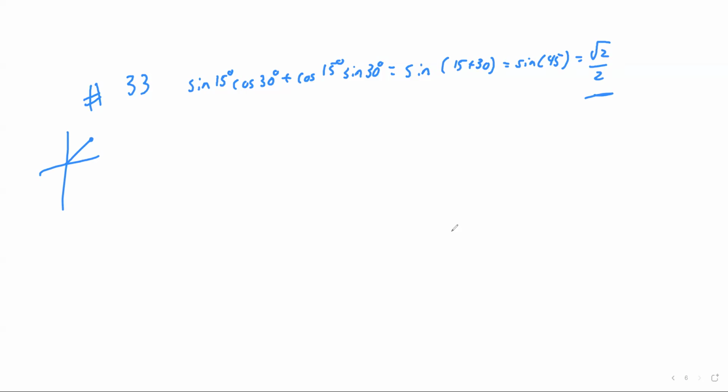All right, so let's look at 35. 35 is given to you as tan 100 degrees plus tan of 35 degrees, divided by 1 minus tan of 100 degrees times tan of 35 degrees.